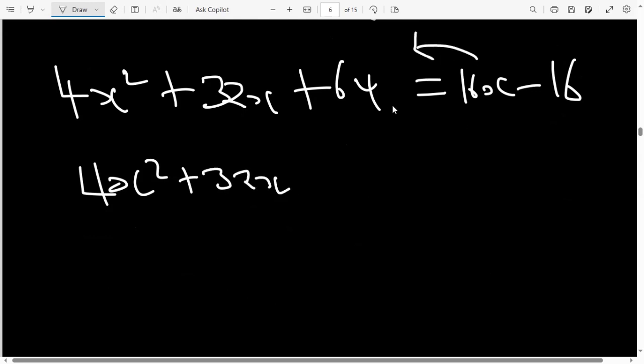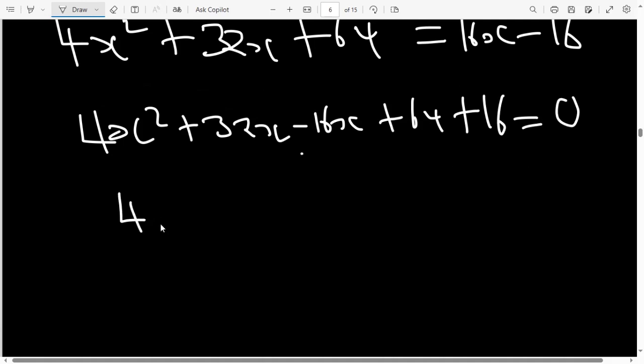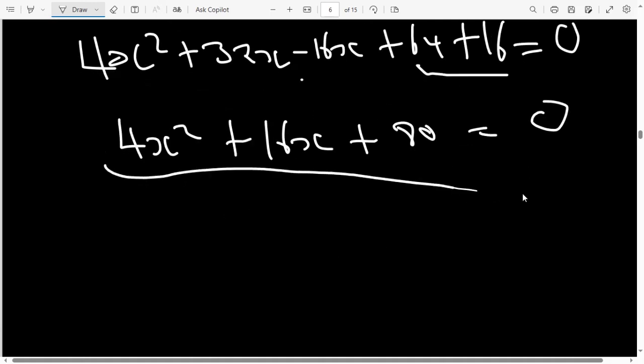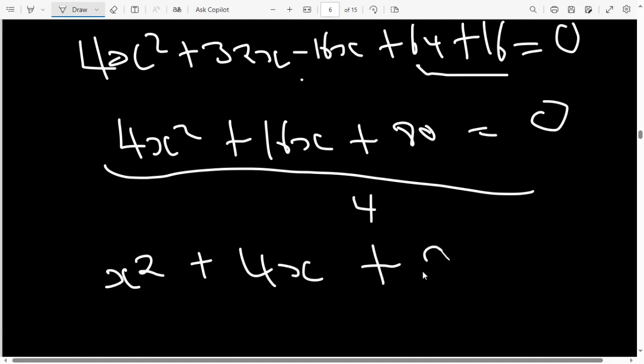And then this one goes to the other side, so it will be 4x squared plus 16x plus, what is 64 plus 16? It's going to be 80, equals 0. And then we see that we can divide all this by 4. So we're going to have x squared plus 4x plus 20 equals what? 0.